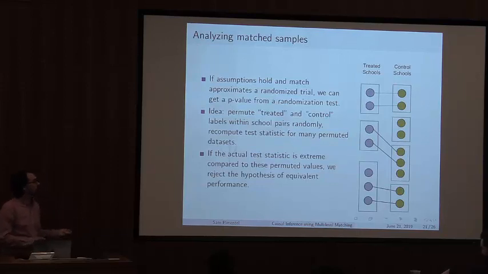The idea is, if our assumptions hold, then within these school pairs, the two schools are equally likely to have received the Mayan treatment in the wild in our observational study. And so what that means is we can generate a null distribution for a test statistic by erasing the labels of which schools are treated and which are controlled, and then by flipping a coin independently for each of our pairs, and randomly reassigning these labels.